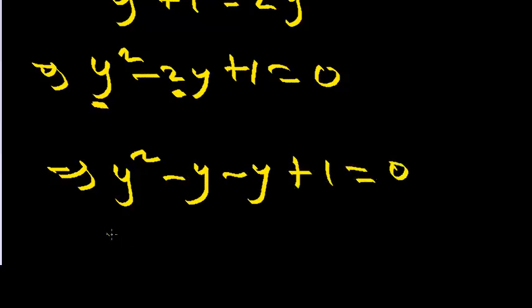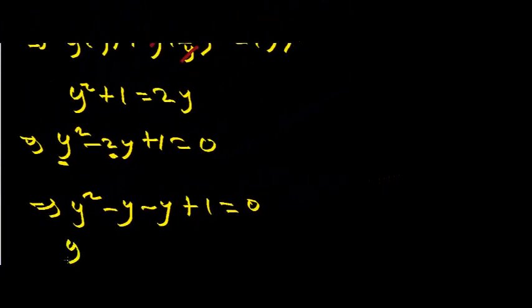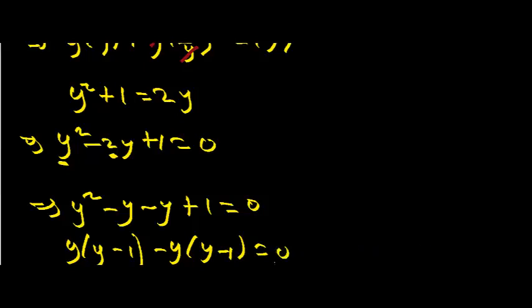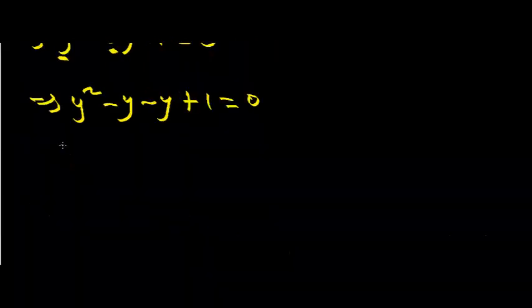minus y plus 1 equal to 0. Then from here we factor out y, so we have y times y minus 1, then we have minus 1 times y minus 1 as well, equal to 0.